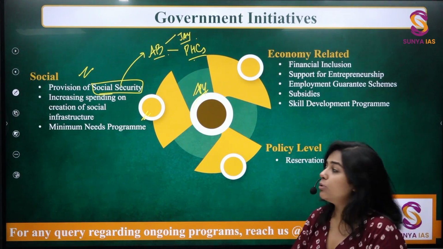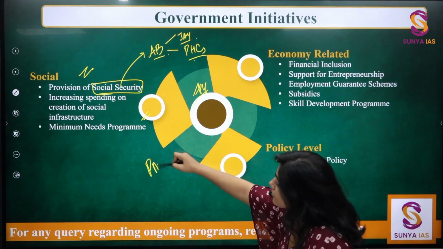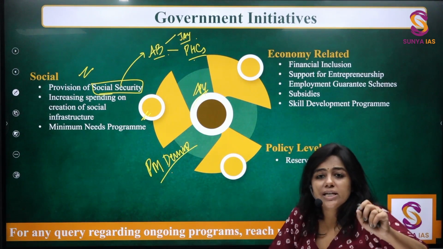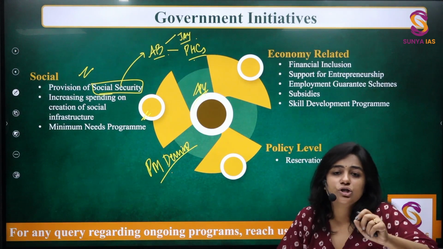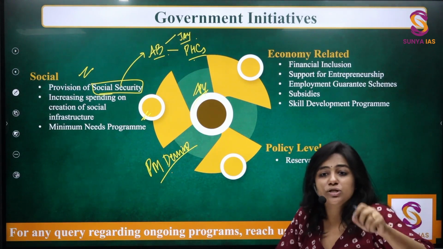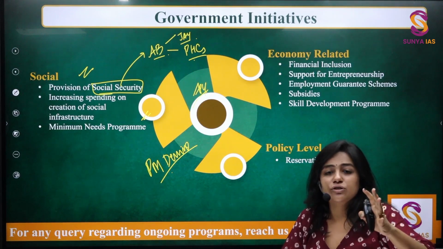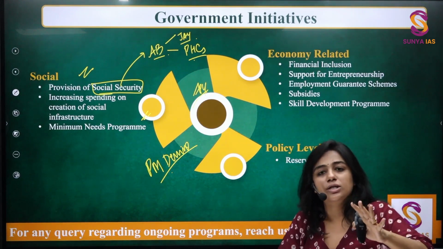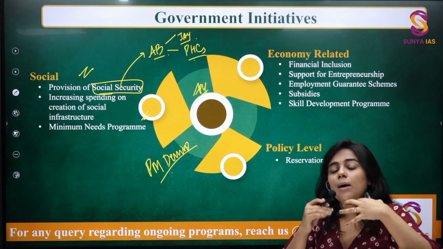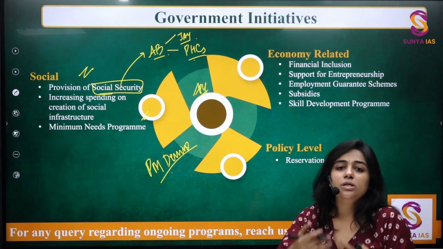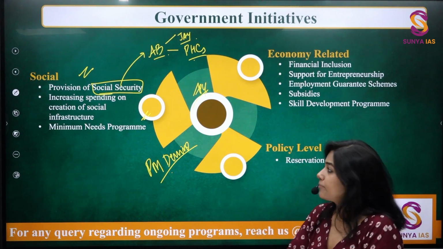So as I told you, PM Divine, roads, infrastructures are not just roads, bridges, all of this infrastructure is not just physical infrastructure. This is social infrastructure as well, which helps in the upliftment of people in their social construct, right?